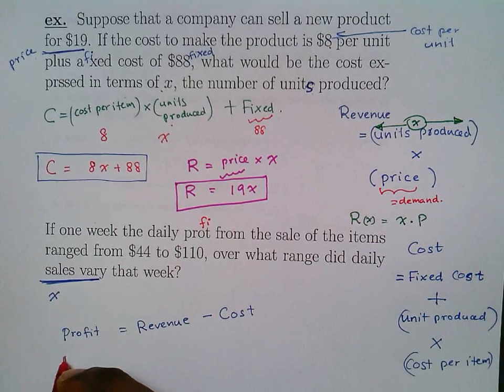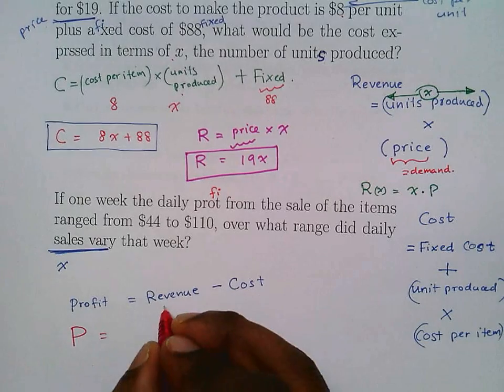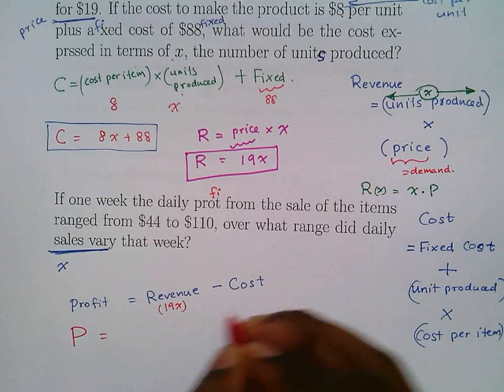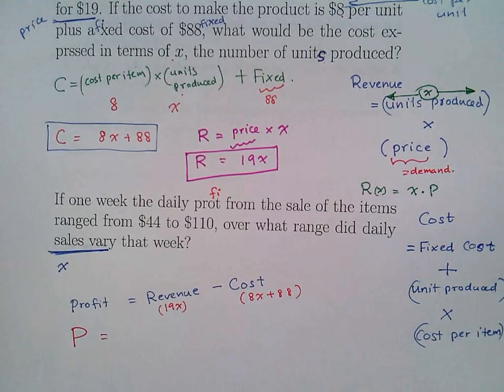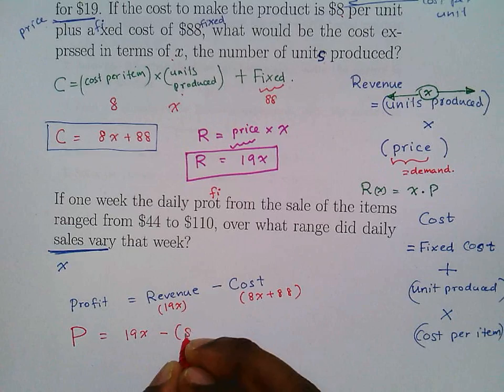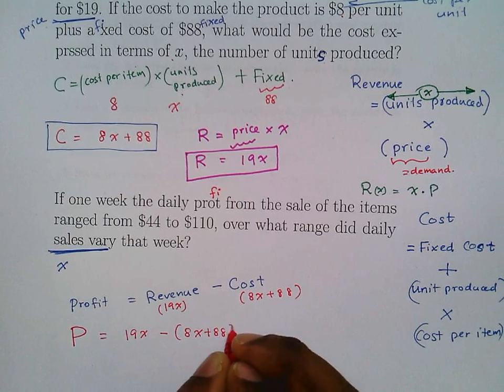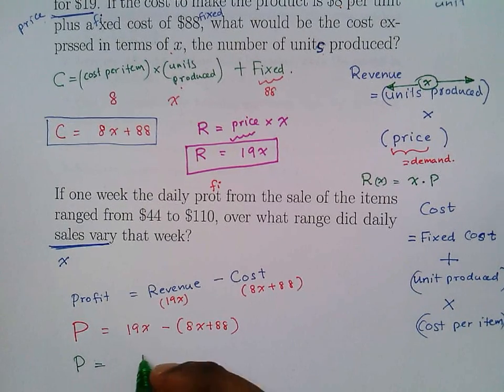The profit, big P, is equal to revenue, which is 19x, minus the cost, which is 8x plus 88. So 19x minus (8x plus 88). The profit is 19x minus 8x, that would be 11x minus 88.